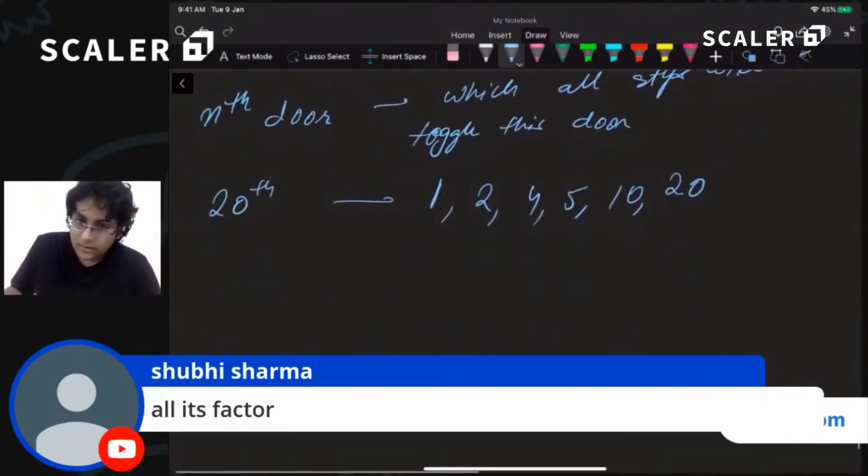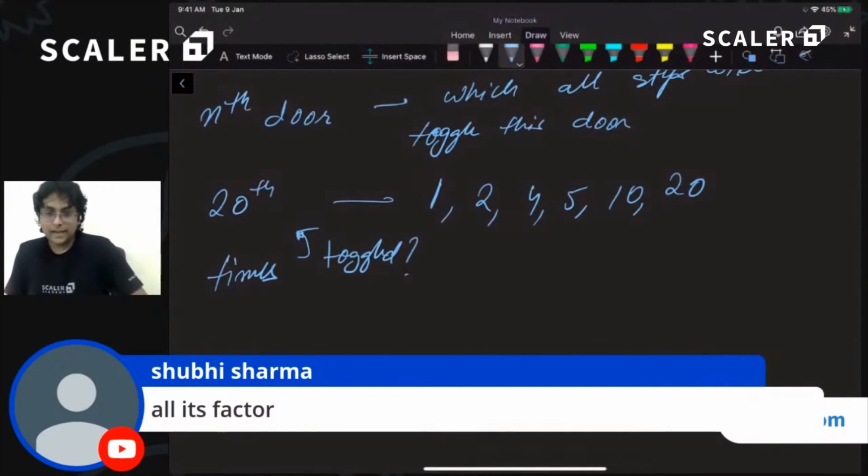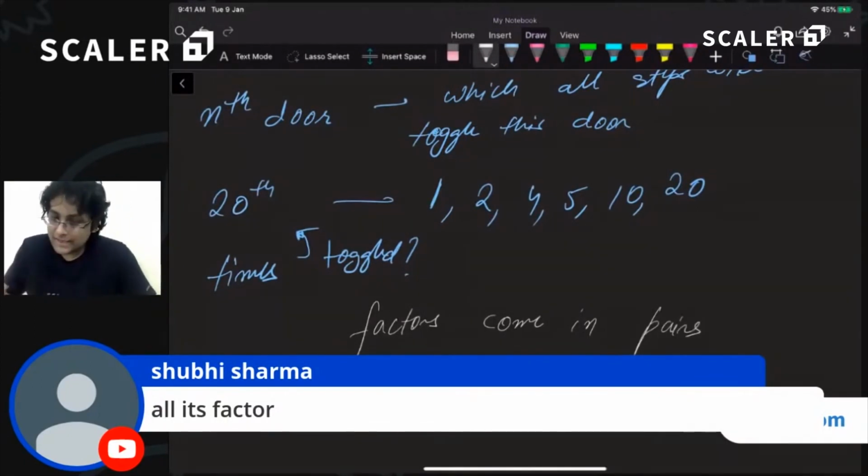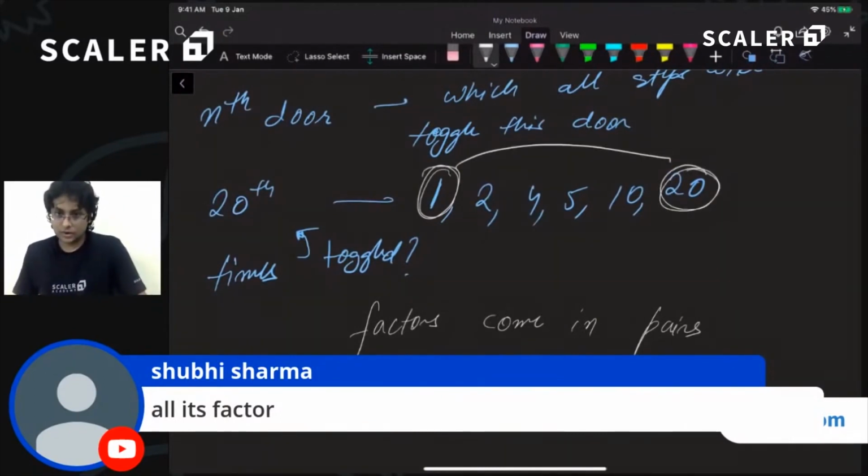Cool. So how many times will this door be toggled? Well, we already know that factors come in pairs. Which means that if there is a step number 1 on which this is toggled, there is also a step number 20 on which there is a toggle. Similarly, for step number 2, we have step number 10.